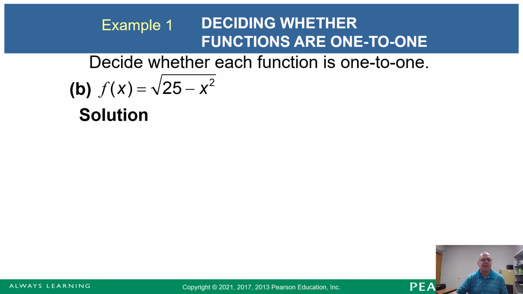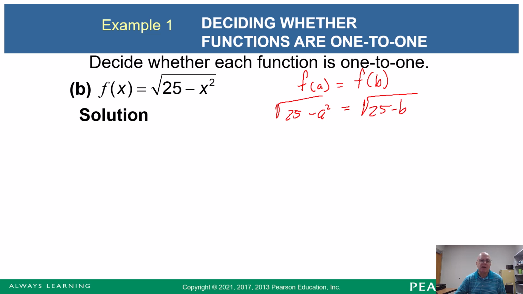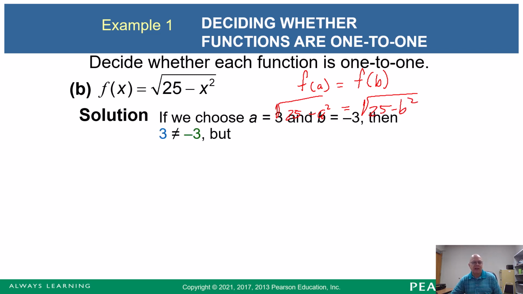Next, how about this? Well, again, we'll start with f of A equals f of B. We're assuming two y values are the same. So f of A means the square root of 25 minus A squared equals the square root of 25 minus B squared. So let's let the sides do the work here.